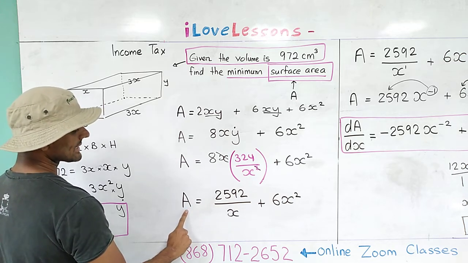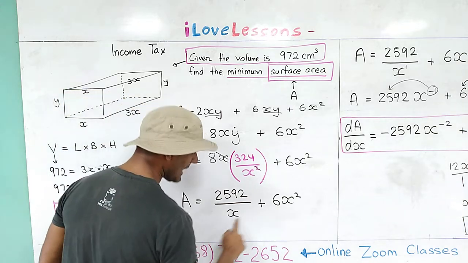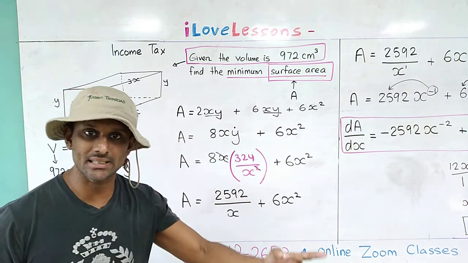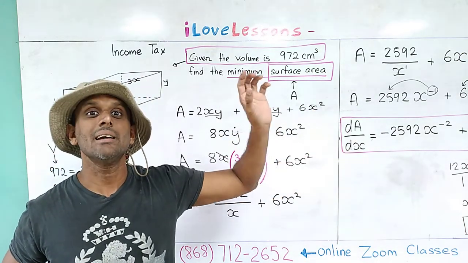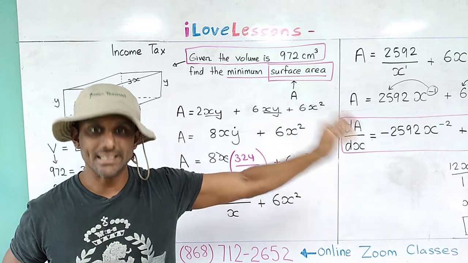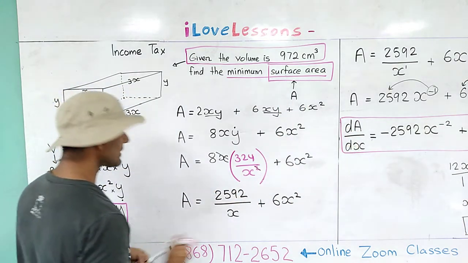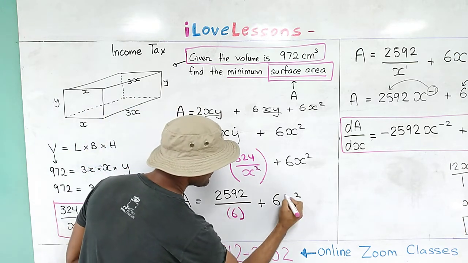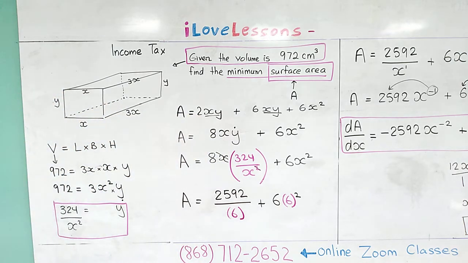This allows us to calculate the area if we know the value of x. And we're interested in x being 6, because when x is 6, it causes the area to be a minimum. So guess what? Erase the x's and replace them with 6. That's the chosen value apparently.